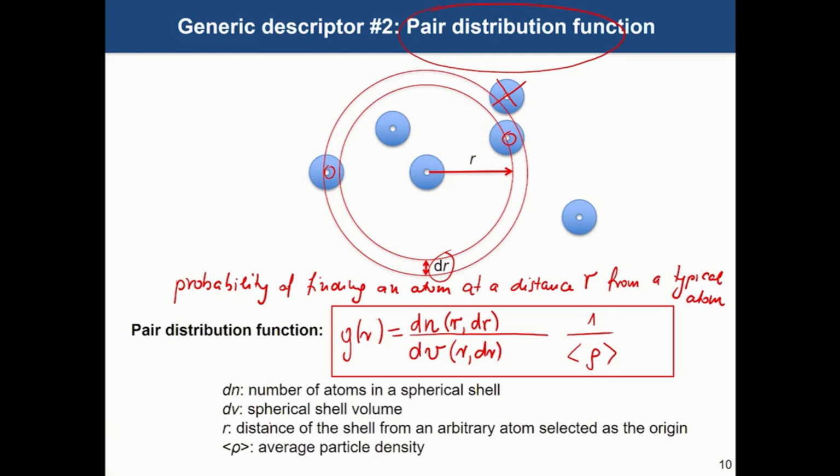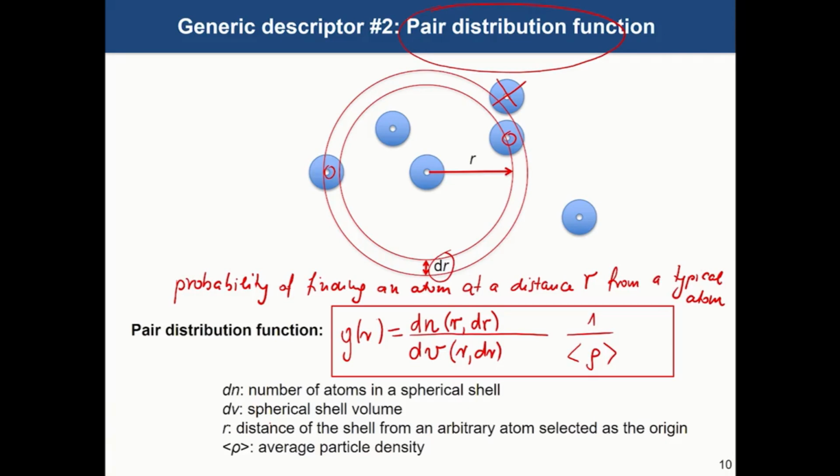if it's infinite, what would be my pair distribution function? So if you simply imagine that this is infinitely thick, then this pair distribution function is 1, right? So you're simply counting all of the atoms within the material and all of the volume of the material, and you're normalizing this to the density, right? So it's simply 1. But if the thickness of this is relatively small, then the pair distribution function is a function of where you're defining this sphere. Okay?